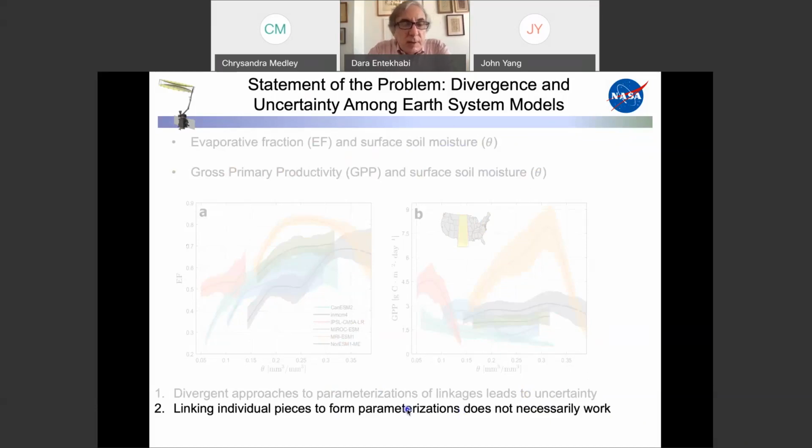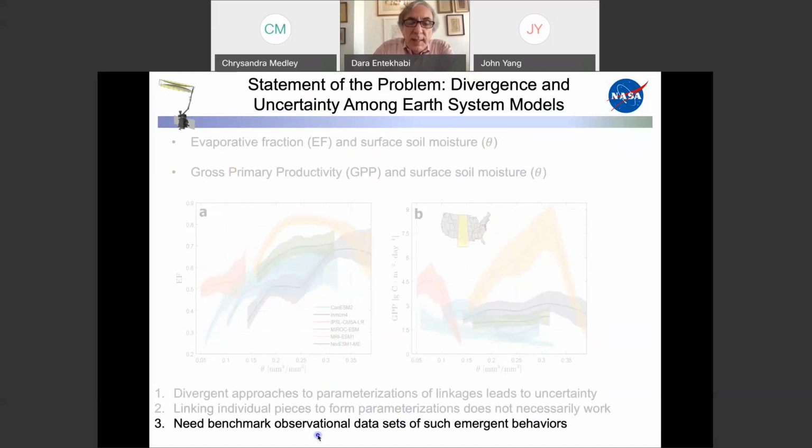Number 2 is that our traditional way of assuming that if in a parameterization we link individual pieces that are good, then the end parameterization is going to be good, does not necessarily work. The pieces don't necessarily add up together. And also what we really need is a benchmark observational data set for this kind of behavior for models.